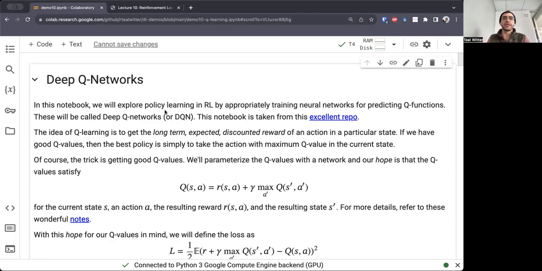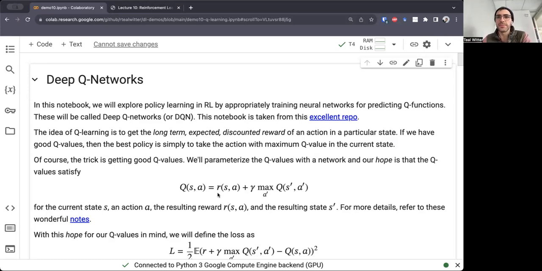Well, we'll start by parameterizing a network, which we'll call our Q value network or deep Q network, DQN. And we'll randomly initialize it at first so that the Q values we're getting are completely meaningless. But our hope is that our Q values will eventually satisfy this Bellman equation, which is just a fancy term for a recurrent relationship, so that the Q value of a particular action in a particular state is the immediate reward I'm going to get, plus this other quantity which accounts for the future.